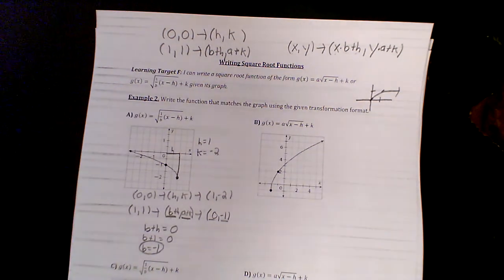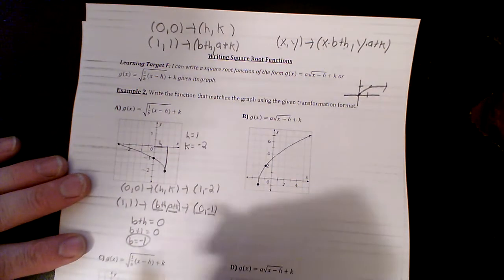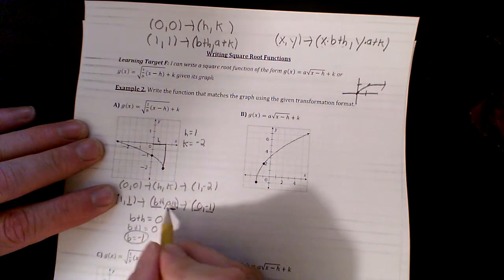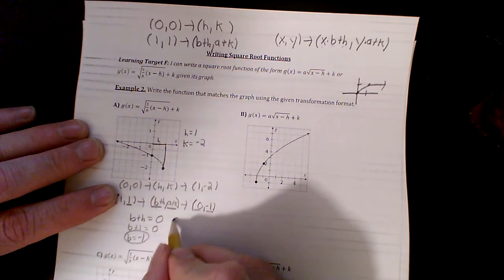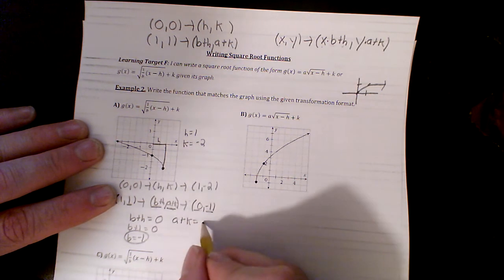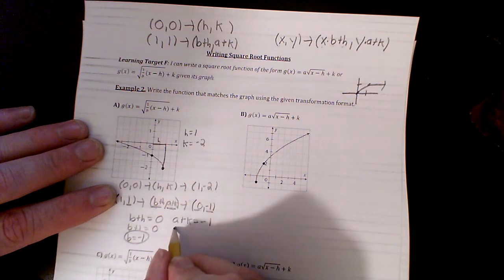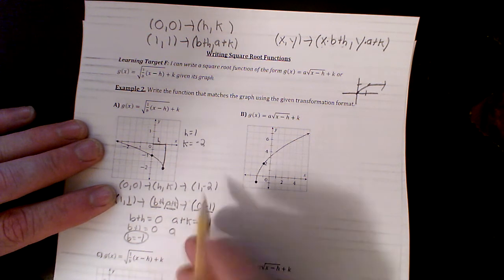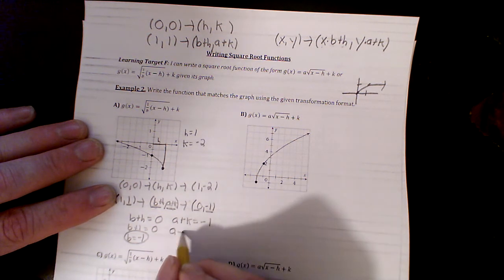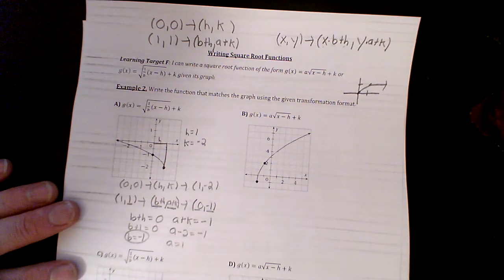Although they didn't put an a in here, indicating that a is probably 1, let's do a as well. This guy was turned into a plus k. So I'm going to say a plus k equals, in this case, negative 1. Well, I don't know my a, but I do know k is negative 2, so a minus 2 equals negative 1. And if I add 2 to both sides, a equals 1. Well, there we've got it.